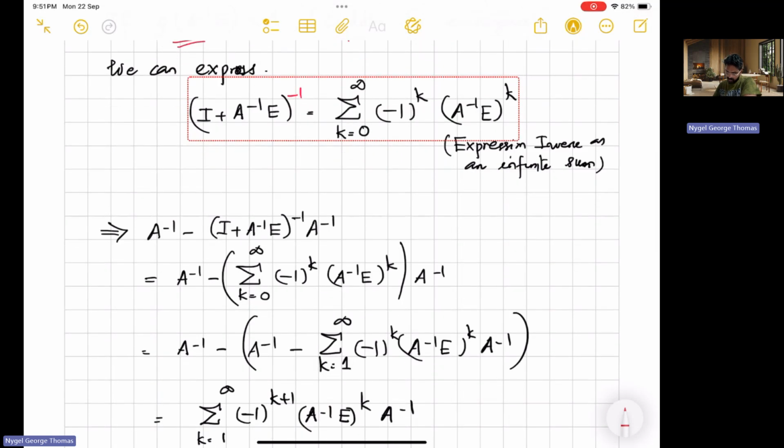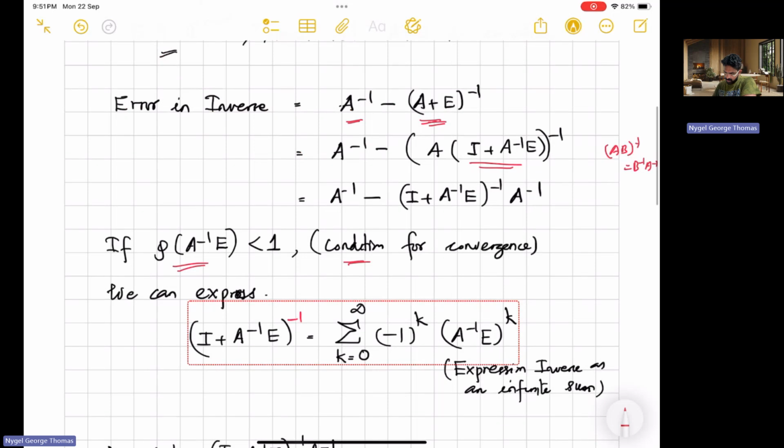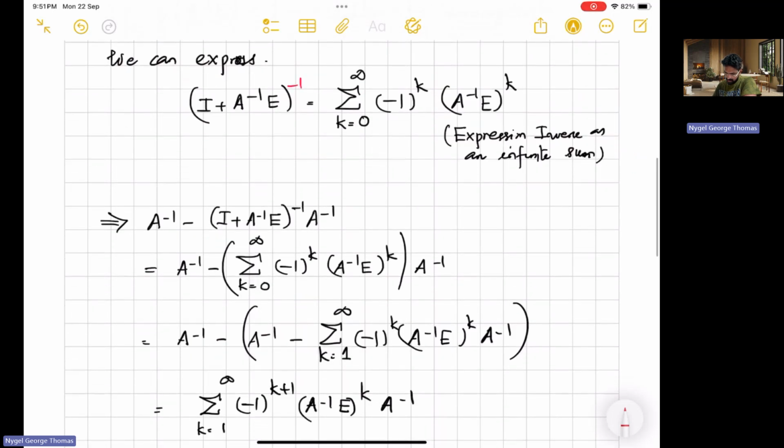Now what we do is substitute. This is the error term which we had, and we substitute this infinite sum in this term. So we'll get A inverse minus, instead of (I plus A inverse E) the whole inverse, sigma k equal to 0 to infinity, (minus 1) raised to k, (A inverse E) all raised to k, A inverse.